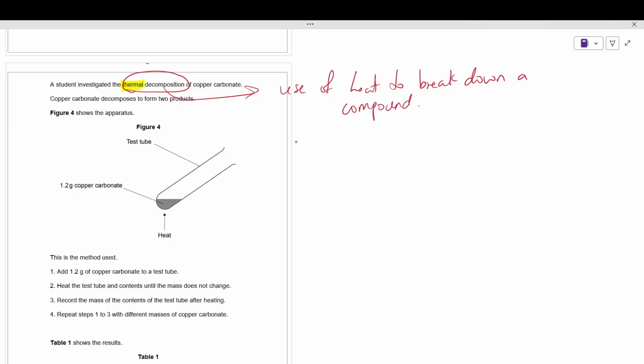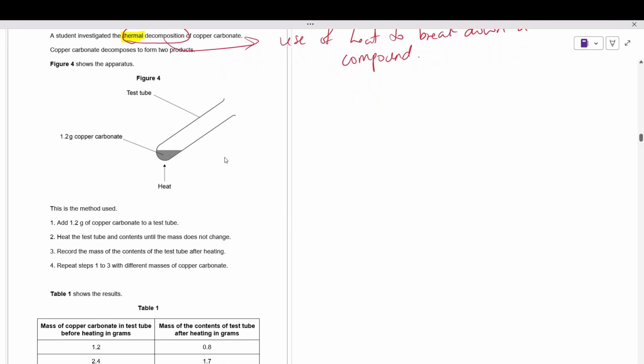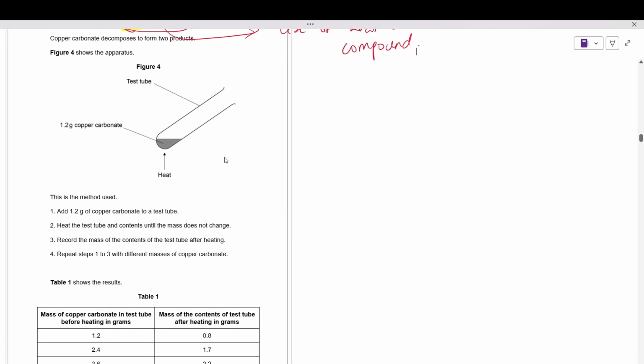And in this case, we're going to be breaking down copper carbonate. So 2 products are going to be formed as a result of this decomposition. It's given us the setup of what will happen. So we can see the heat, which is used for thermal decomposition. And we're going to be heating 1.2 gram of that copper carbonate.